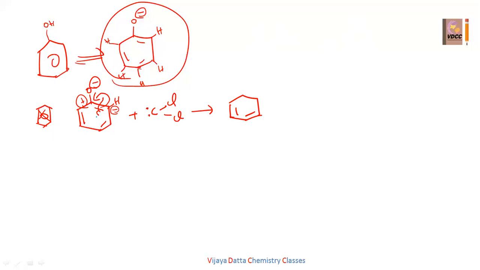This positive and this negative will create a double bond with O, and here one hydrogen is already present. Now the lone pair reacts with the positive charge, then carbon will have the negative charge, with Cl and Cl, chlorine and chlorine. This is actually the attack of the carbene on the phenoxide ion.